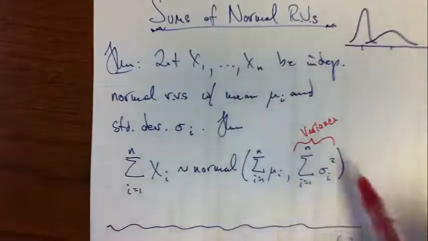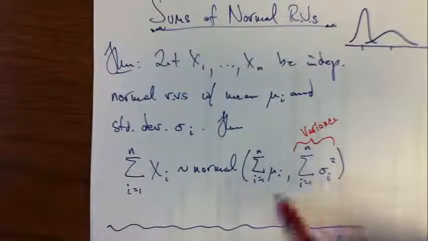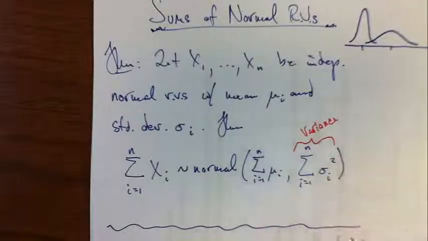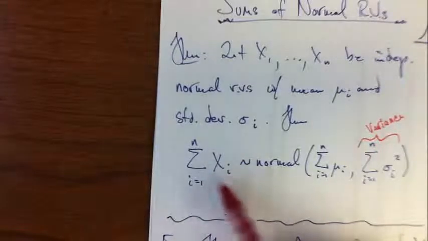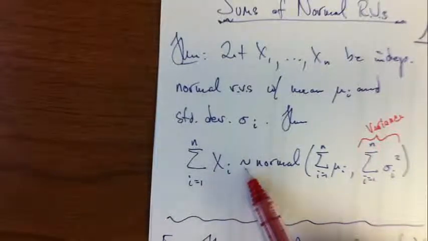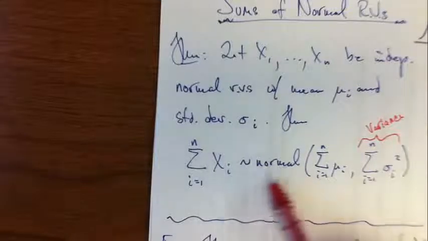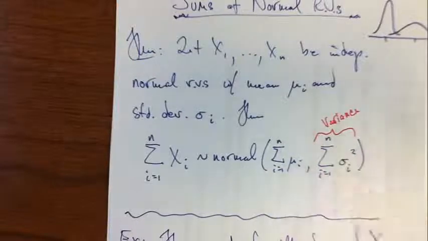A lot of the probability books will put the variance over here. So this is the mean, this is the variance. Okay, so again, you read this as the sum of the Xi's is distributed or behaves like a normal random variable with this mean and this variance. Okay.